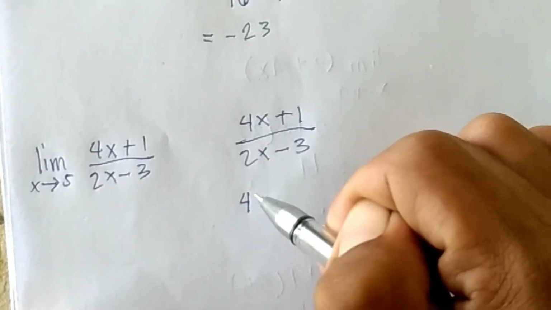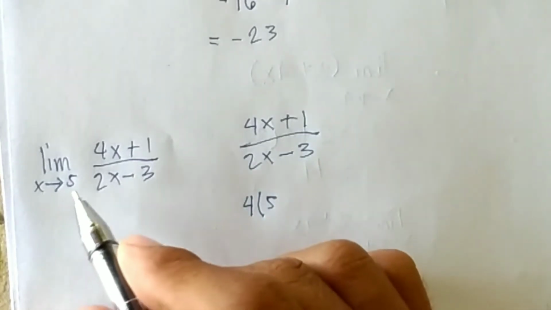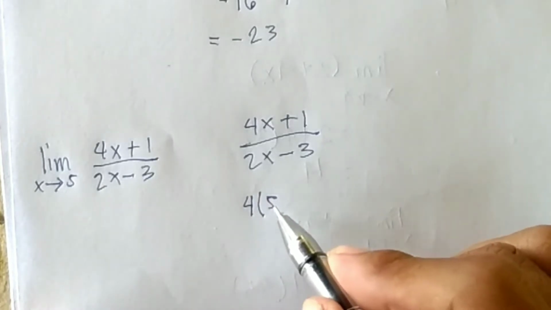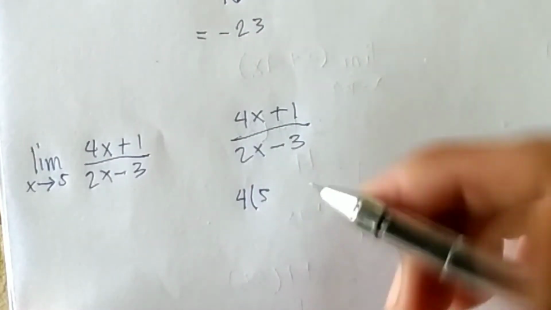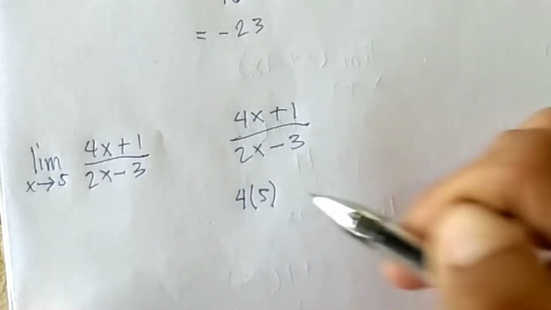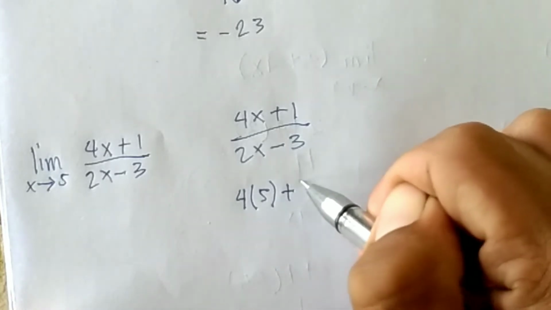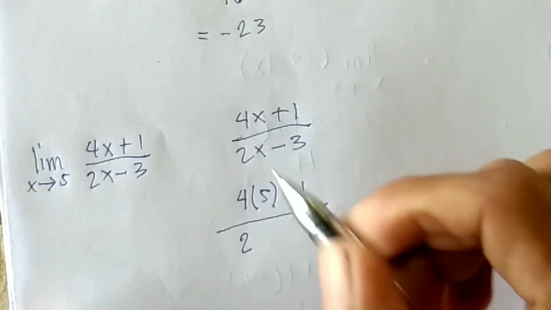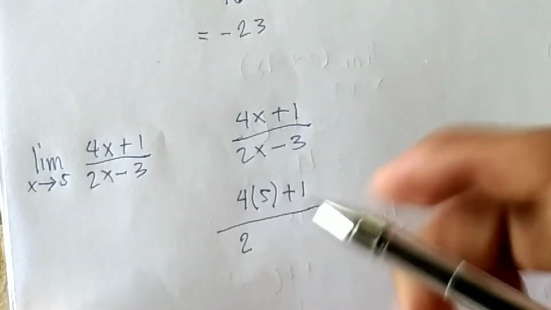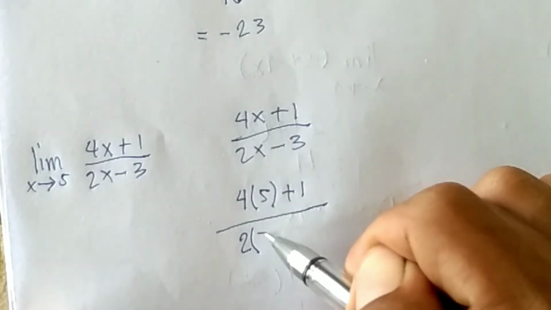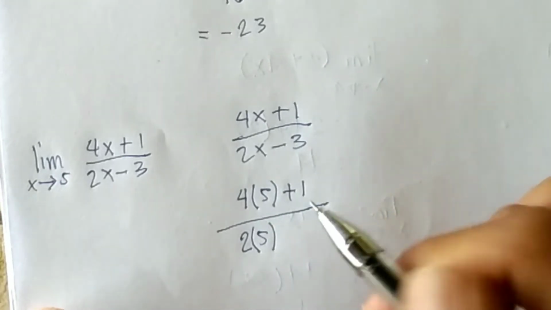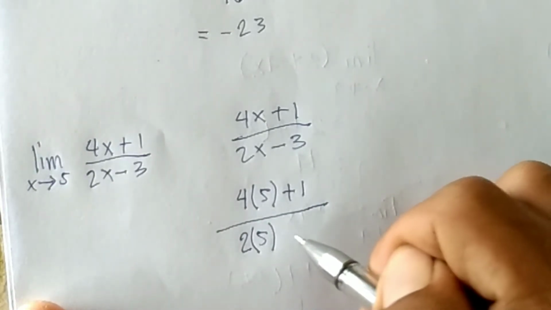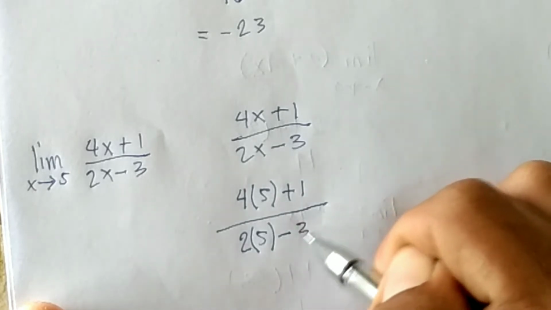So, ganito lang yung ating gagawin. 4 times 5. Yung 5 natin, i-substitute sa x. Yung x natin magiging 5. Kaya 4 times 5 plus 1 over 2 times 5 minus 3.